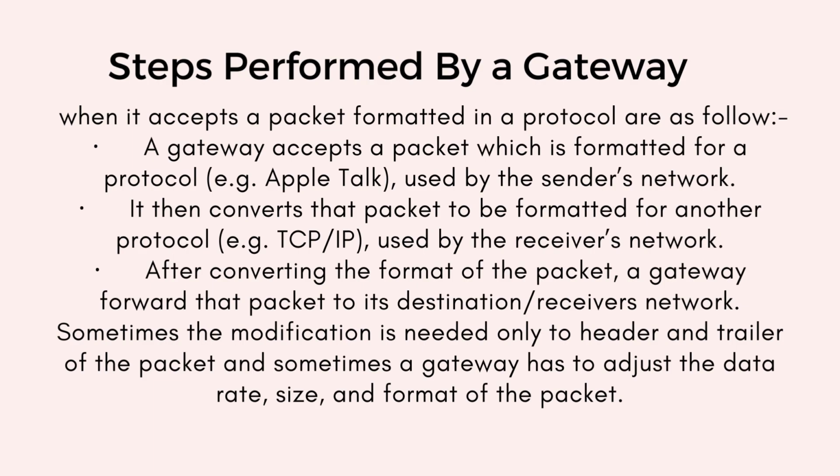After converting the format of the packet, a gateway forwards that packet to the receiver's network. Sometimes the modification is needed only to the header and trailer of the packet, and sometimes a gateway has to adjust the data rate, size, and format of the packet.